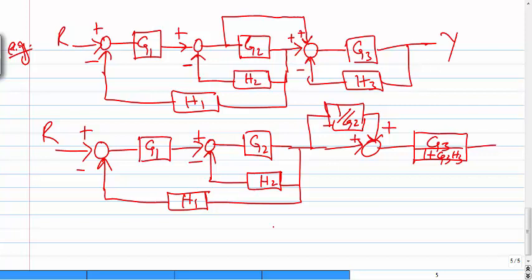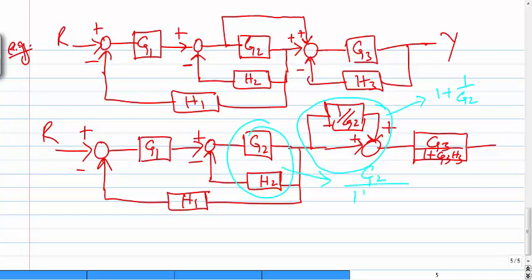So this reduces to 1 plus 1 over G2, right? So this one reduces to G2 divided by 1 plus G2H2.